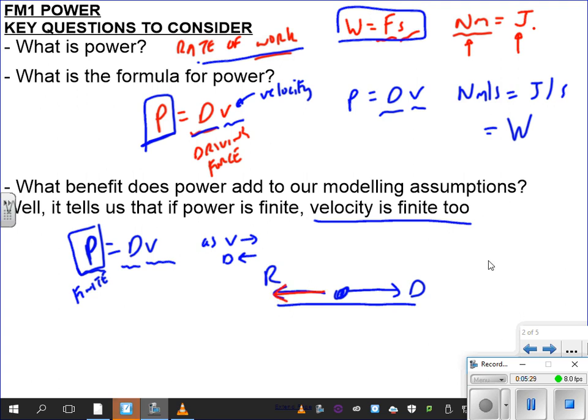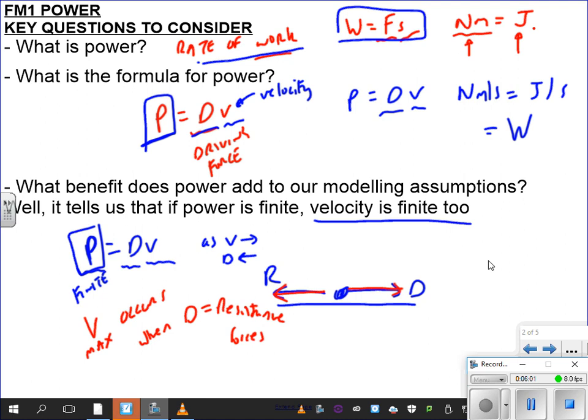It can only be R, can't it? It must be when this thing is going at a constant velocity, because if D was smaller than R, then the resistances would be too big and this thing would start to slow down and would eventually stop. So this is a key bit of theory to remember, that Vmax occurs when your D, your driving force, equals all of your resistance forces.